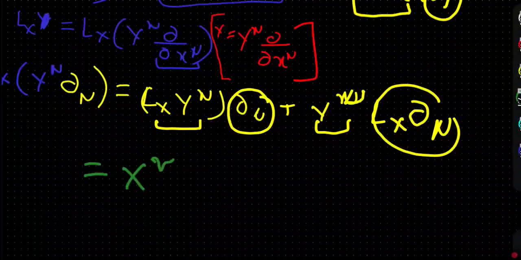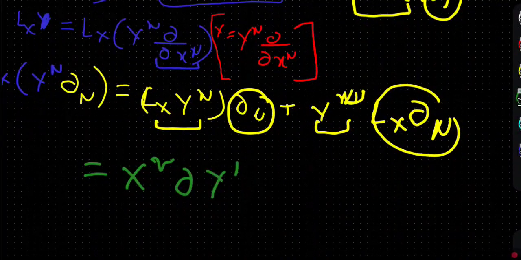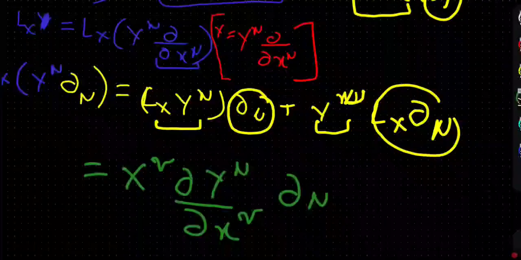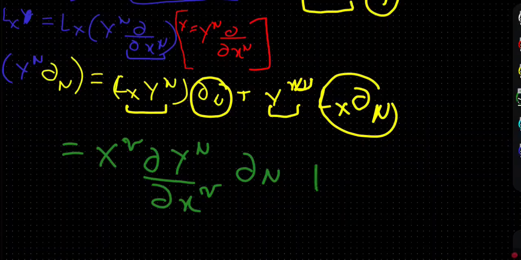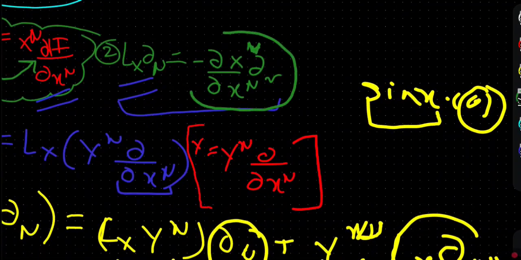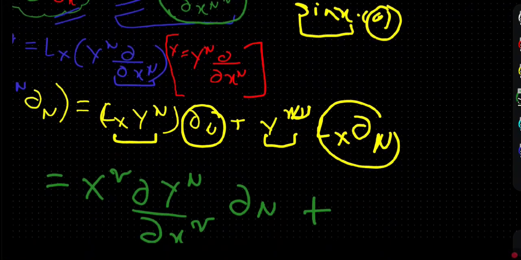So nu is more like a v. And here del y^mu divided by del x^nu, and here del mu. So this is the first result that we have derived. Now plus this is our result. So this is like the lie derivative acting on a coordinate basis, and we have just written here the formula of this. That's why I have said that it is very important.